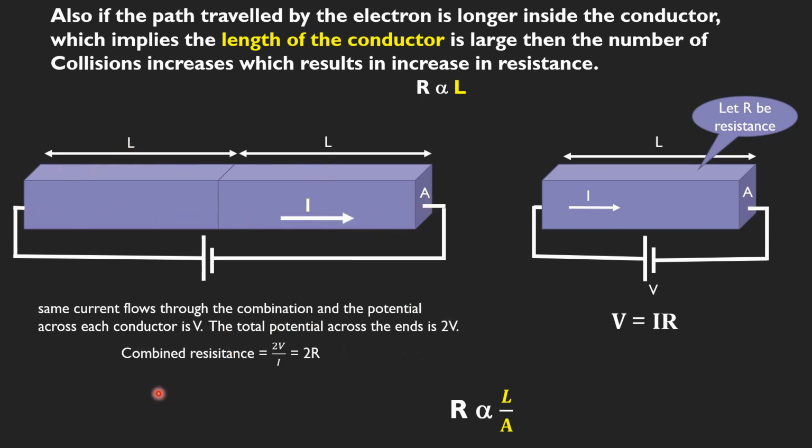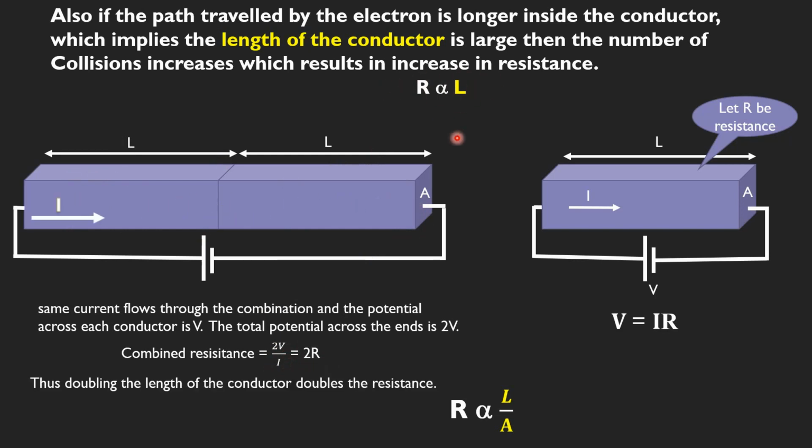Therefore, in such a situation, the combined resistance, the new resistance, is given by 2V divided by I, that is equal to, again V by I is equal to R, so 2R. In this case also the resistance is doubled, because the length is doubled. So I can relate the length and resistance as directly proportional to each other. Thus doubling the length of the conductor doubles the resistance.